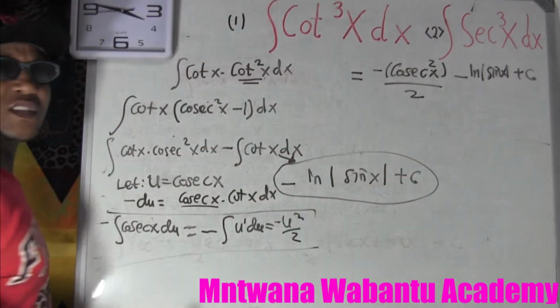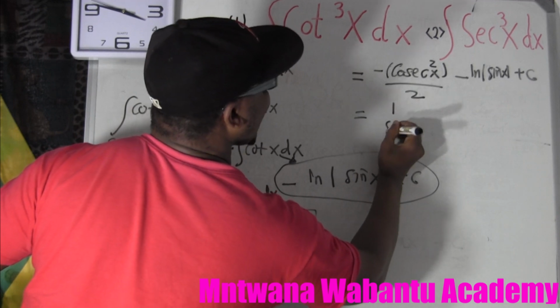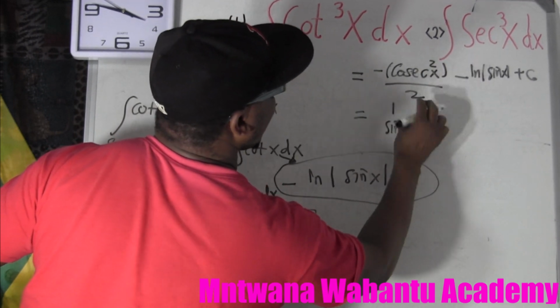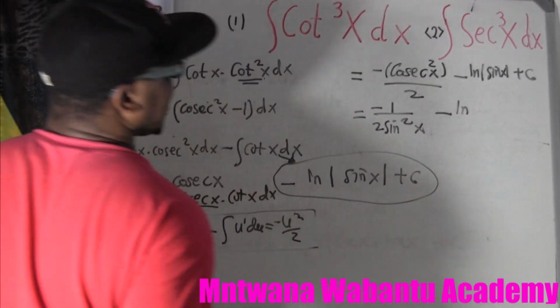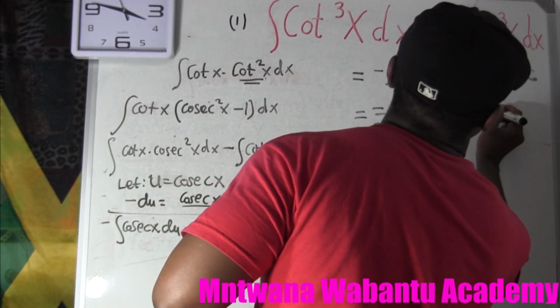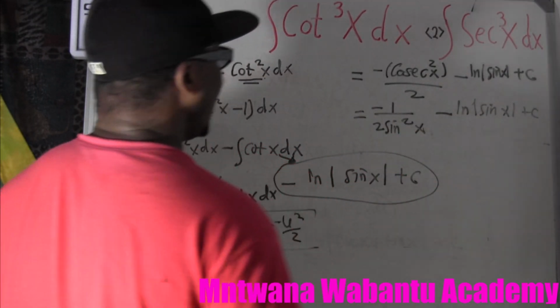But what is cosec? Cosec is 1 over sine, so we can say this equals 1 over sine squared. And then we have our 2, watch your 2 here, we have a minus, and here we have a ln of sine x plus constant.